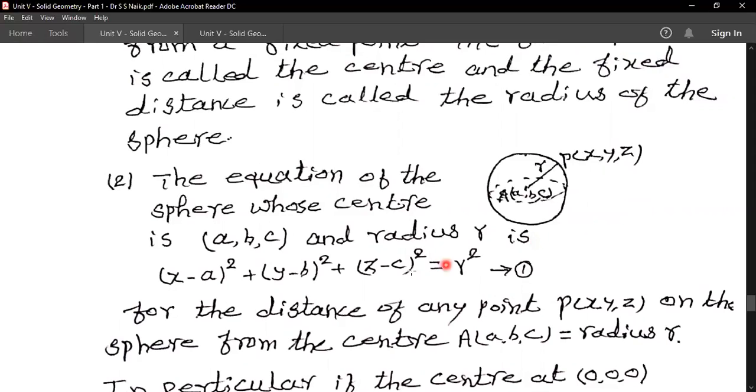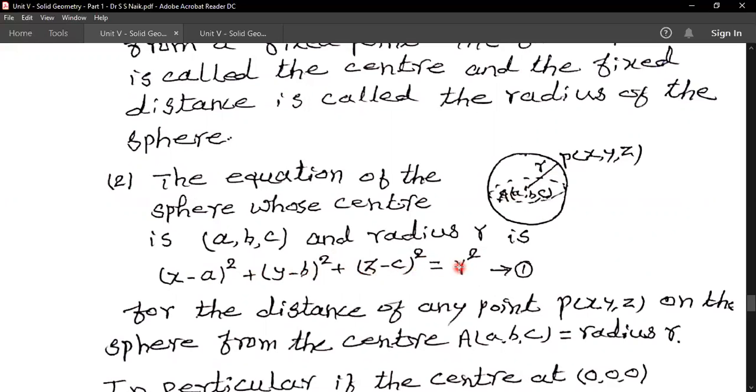First, we'll see the equation of a sphere whose center is at (a, b, c) and radius is equal to r. Then, by using the distance formula, we have (x minus a) square plus (y minus b) square plus (z minus c) square is equal to r square.